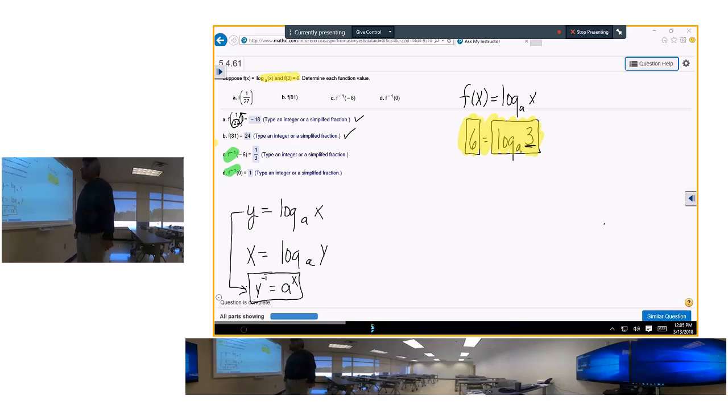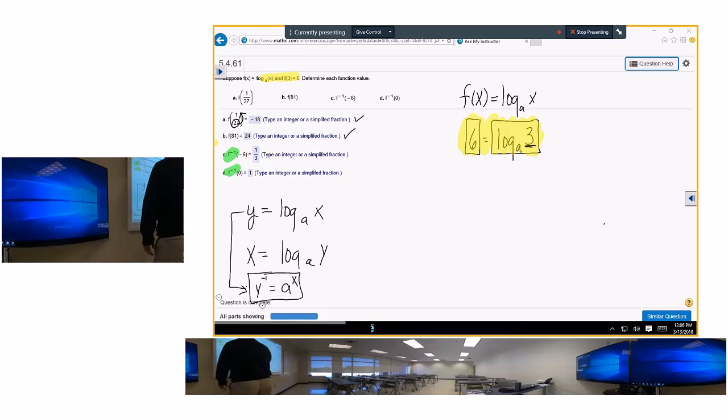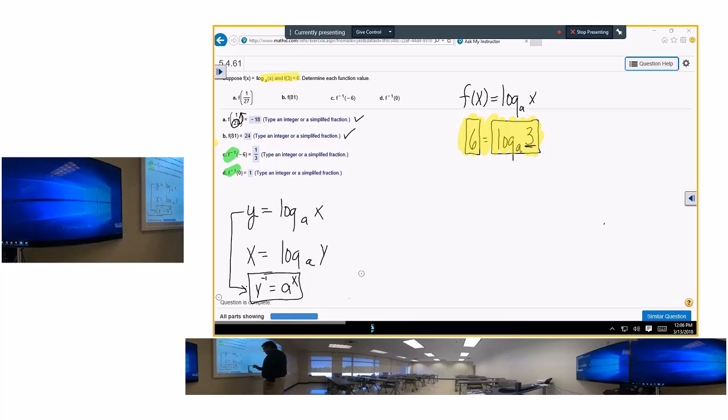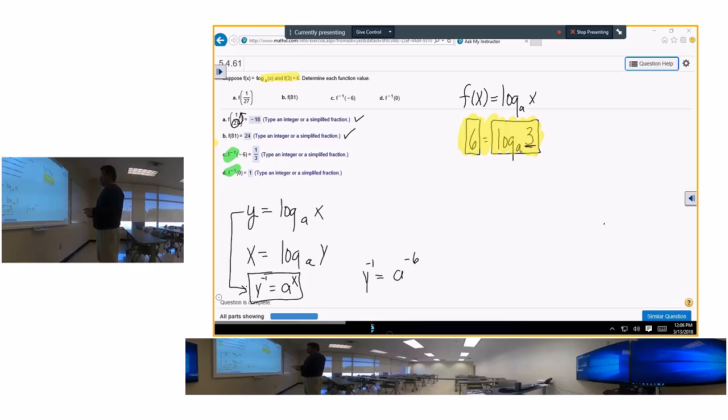But they're saying here that negative 6 is x. So plug that in. Negative 6. So y inverse is equal to a to the negative 6. So that'd be 1 over a to the 6th.